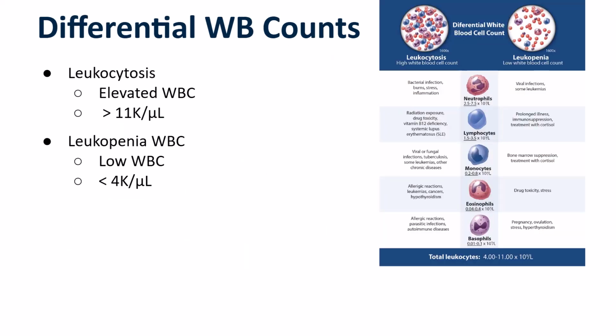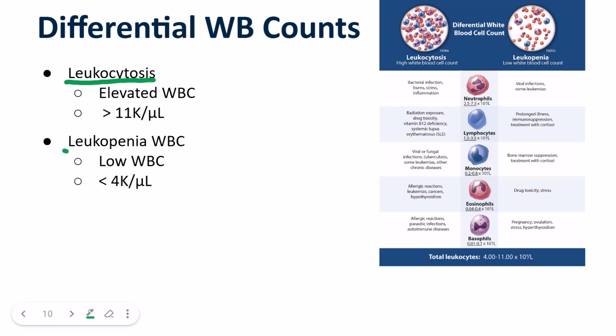So as part of blood testing, a physician or healthcare professional might order a differential white blood count, and this could give different information depending on specifically what white blood cells are elevated. But generally, and I don't expect you to read this chart in depth, we have two conditions. There's leukocytosis, which is an elevated white blood count. This is typically when in a blood sample, white blood cells account for greater than 11,000 cells per microliter.